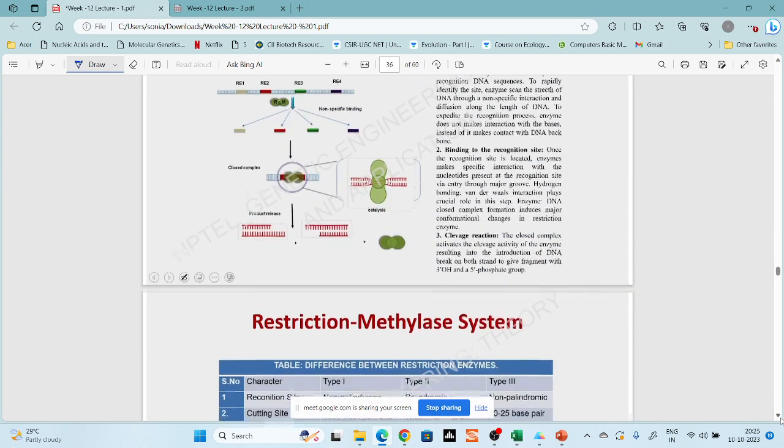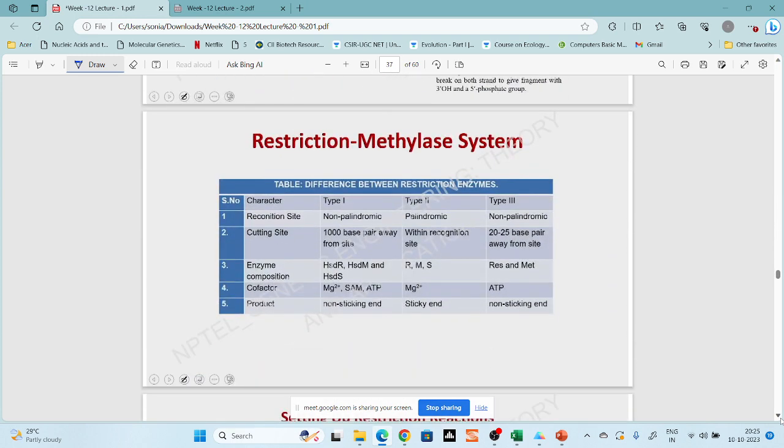Anyways, this is about the restriction methylase system. I just explained the basics, the gist of the restriction methylase system. Then you have different kinds of restriction enzymes: type 1, type 2, and type 3. All three of these restriction enzymes will recognize a site, but whether they cut at the recognition site or not differs.